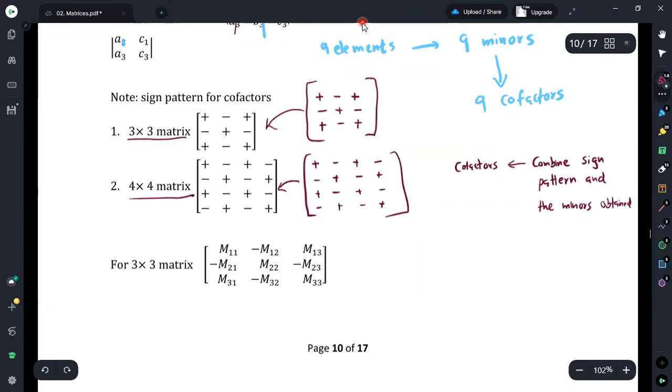Now what we know is we have already identified 9 minors for 9 elements which we are naming as M11, M12, and so on.